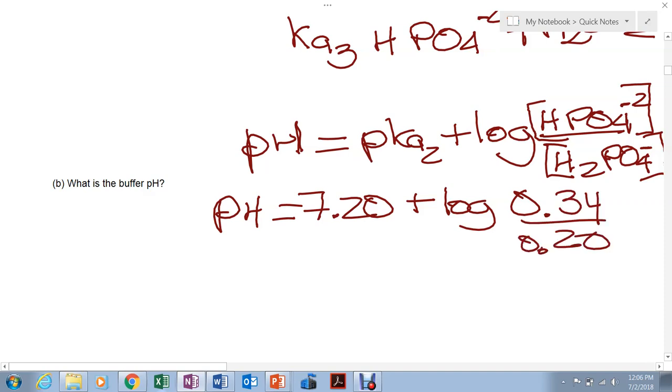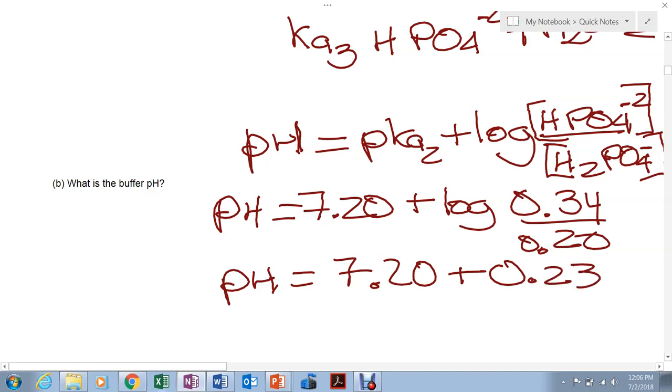The log of this, we do and solve for this, so it's going to be 7.20. This is going to be positive, and this is going to be 0.23. And this is going to be 7.43. That's the answer.